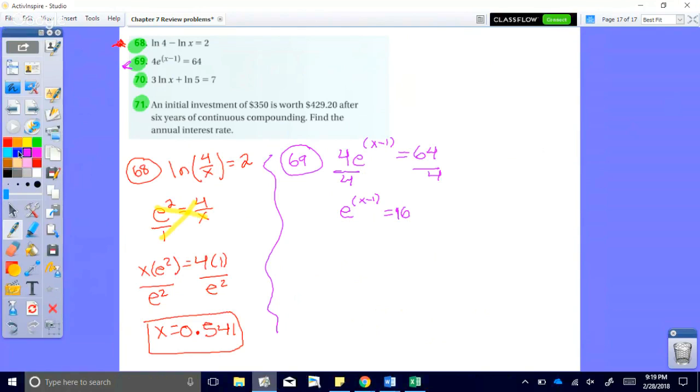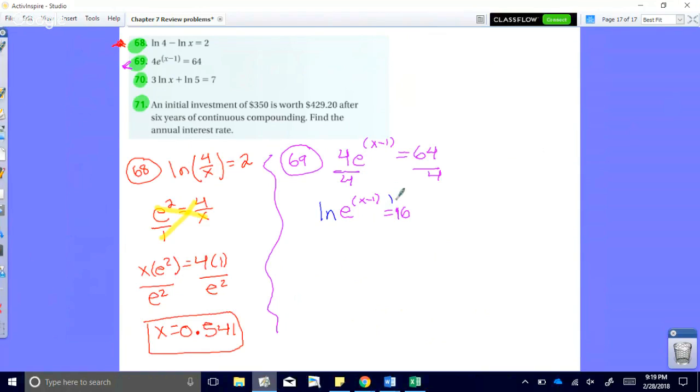Okay, we're then going to take the natural log of both sides. Okay, ln of e is going to undo itself. So I've got x minus 1 is equal to the natural log of 16. And the final step here is to add 1. Note this does not become the natural log of 17.